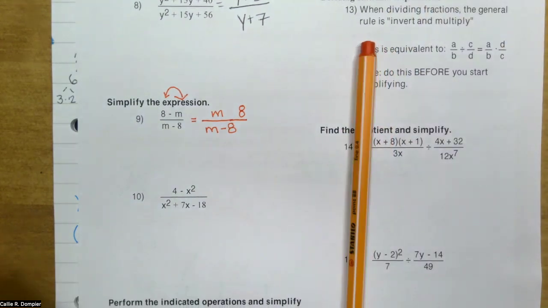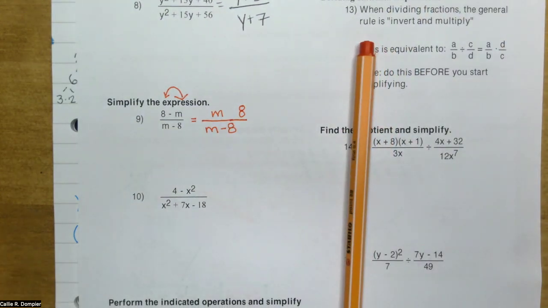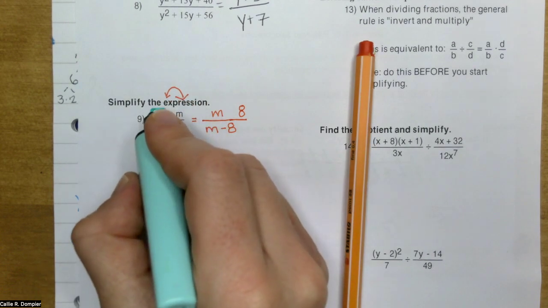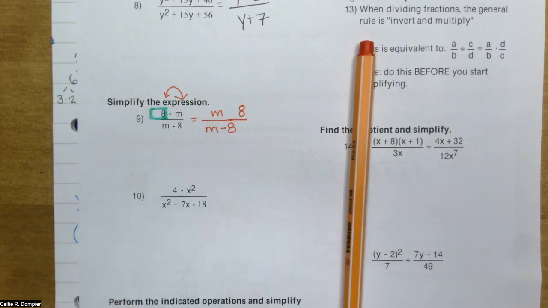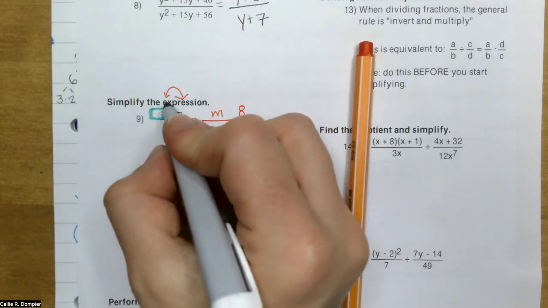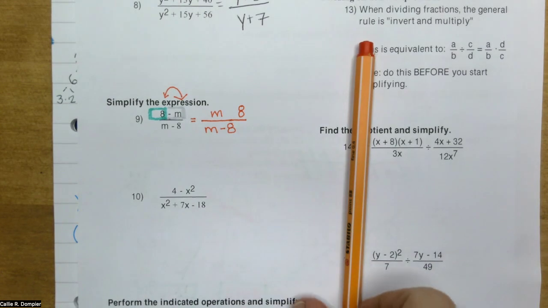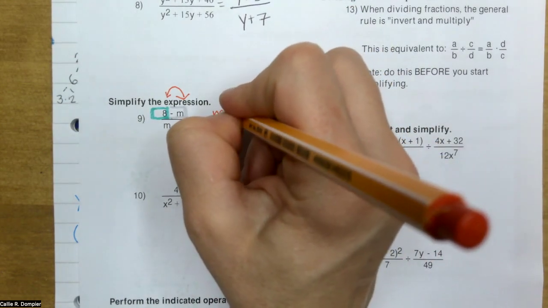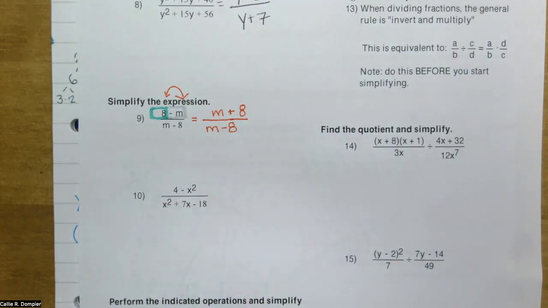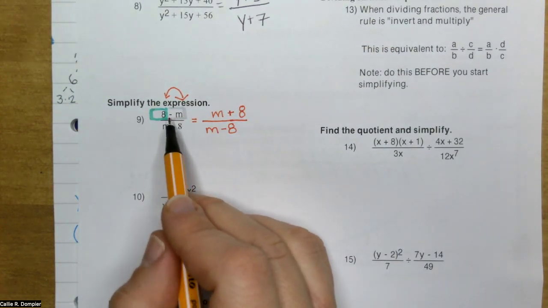This is where we have to be really careful. So remember that the term is either negative or positive based on whether there is a plus or a minus sign in front of it. So the 8 does not have a negative sign in front of it. That means we're going to put a plus right here. However, that m has a negative sign in front of it.